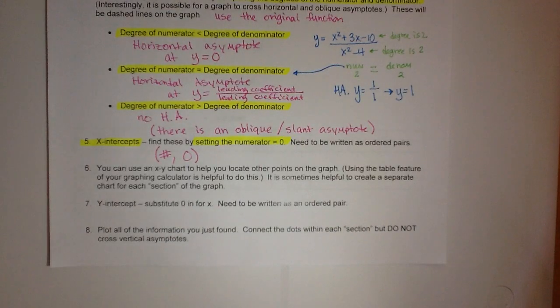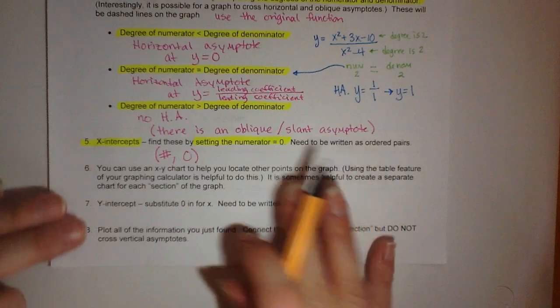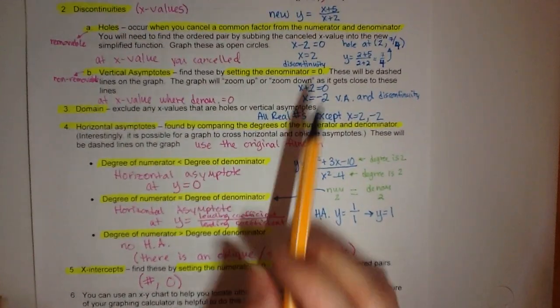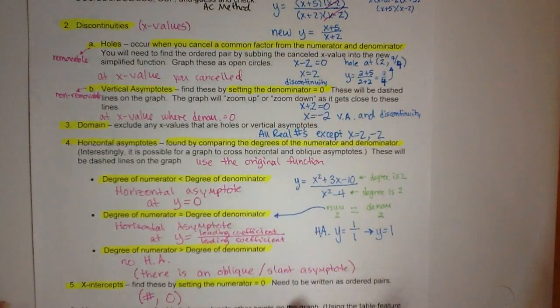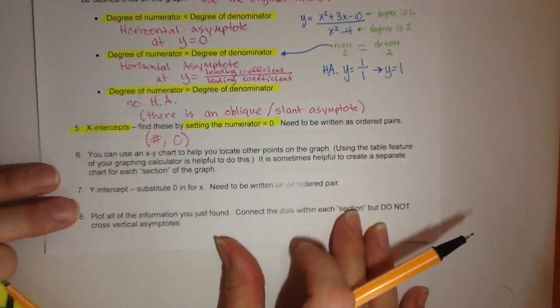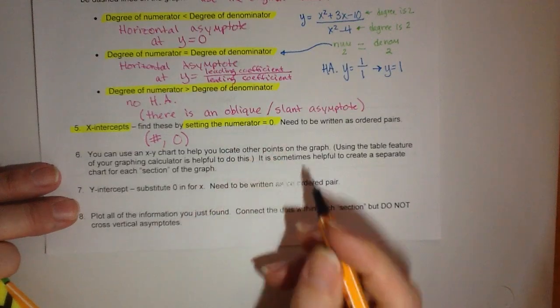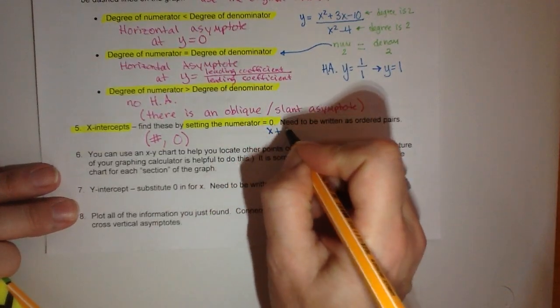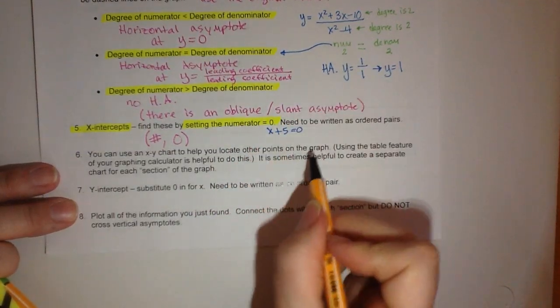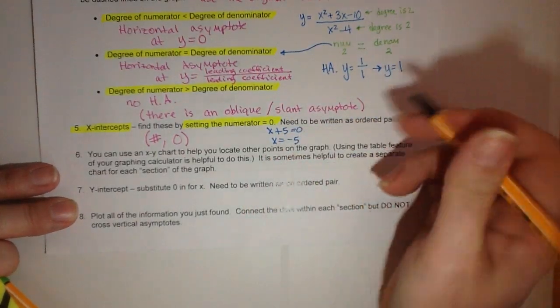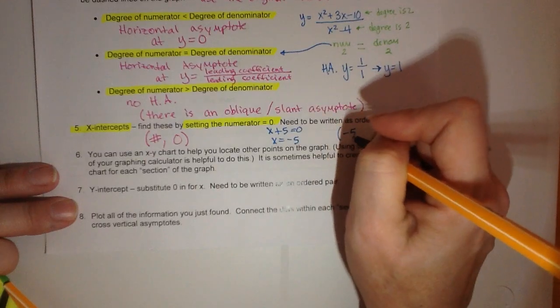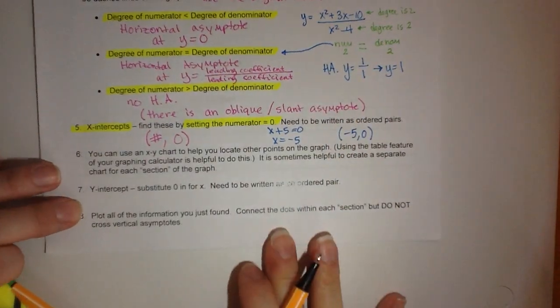So for our example, remember that after we canceled, our new function was y equals x plus 5 over x plus 2. So we find x-intercepts by setting the numerator equal to 0. So we do x plus 5 equals 0. Subtract your 5 over. We get x equals negative 5. So our x-intercept would be at negative 5, 0.